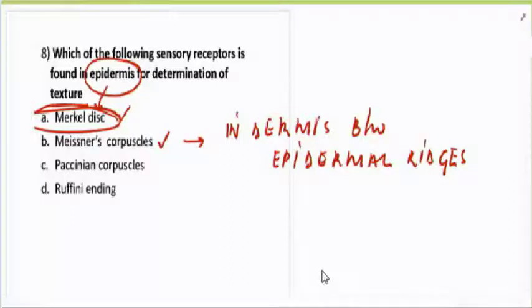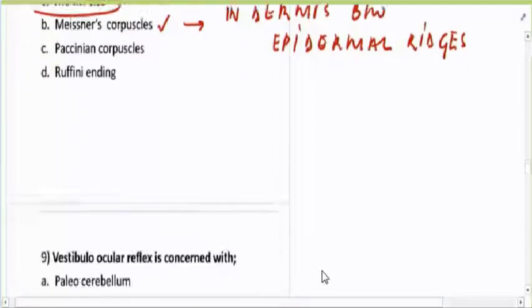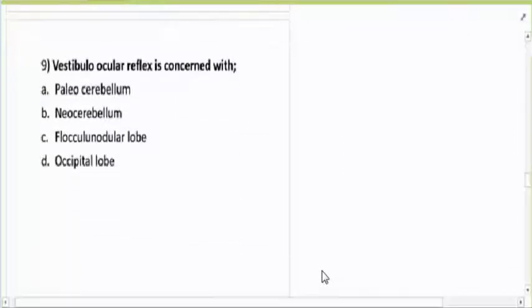But because in the question it is specified what is found in the epidermis, and in the epidermis you have the Merkel's discs, whereas the Meissner's corpuscle is located in the dermis, my better answer becomes Merkel's discs.